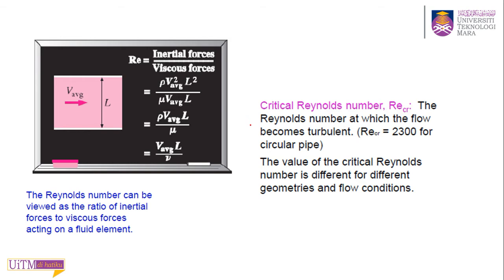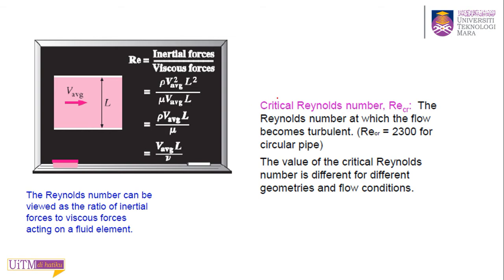There is what we call the critical Reynolds number, where the flow changes from laminar to turbulent. Maybe it's not fully turbulent yet, but it starts to change into a turbulent region.